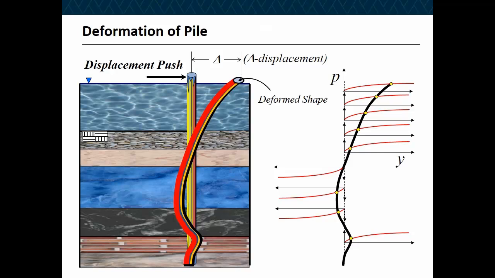Now, if you need to linearize the foundation at a given displacement, then you need to come up with a linear stiffness. This line is the deformed shape of the piles. Based on the deformed shape of the pile, you can linearize the springs, and then you can put a linear spring along the pile in your finite element model. Or you can use nonlinear springs in the finite element model.